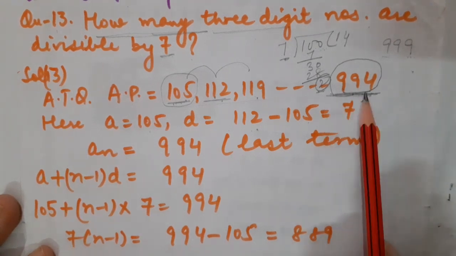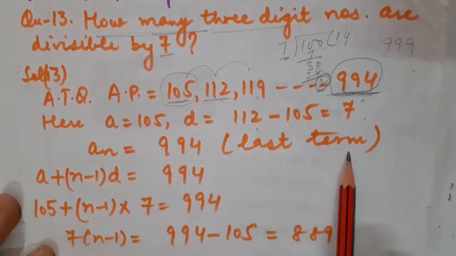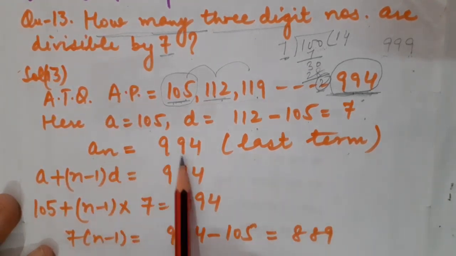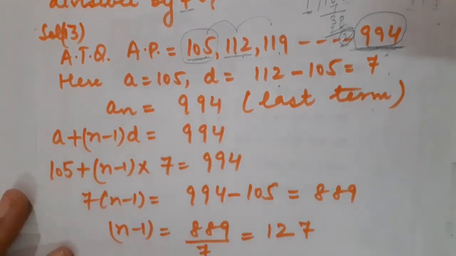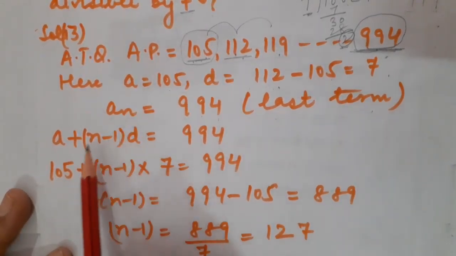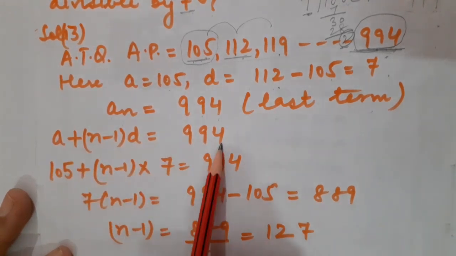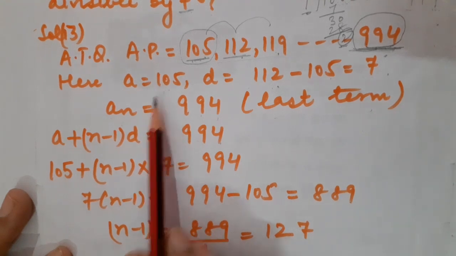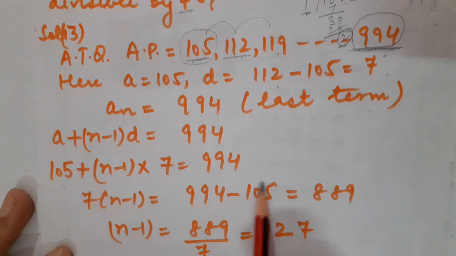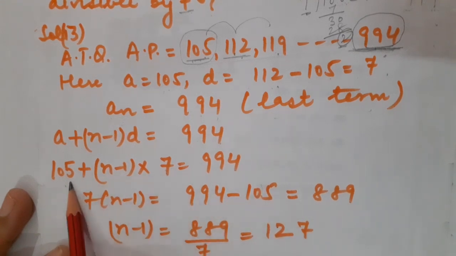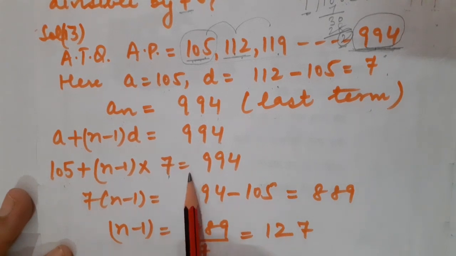So let this number be considered as the nth term, which we also call the last term. So let an be equal to 994. Children, you know very well the formula of an, the nth term of an AP, that is a plus (n minus 1) into d equals 994. You have a, that is 105, and the common difference, that is 7. So insert these values here: 105 plus (n minus 1) into 7 is equal to 994.